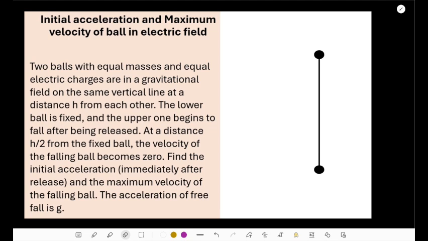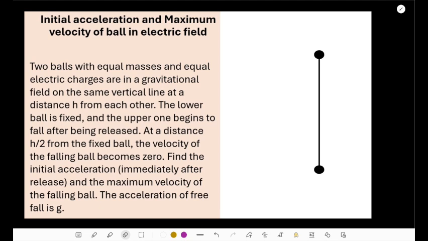The lower ball is fixed, which eases the problem, and the upper one begins to fall after being released. At a distance h by 2 from the fixed ball, the velocity of the falling ball becomes 0. It stopped at the middle. Find the initial acceleration immediately after the release and the maximum velocity of the falling ball. The acceleration of free fall is g.